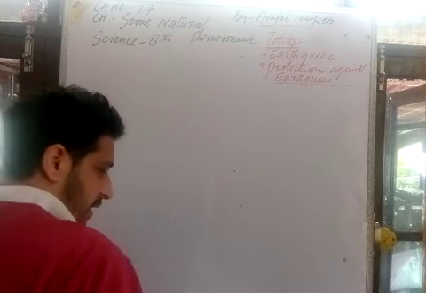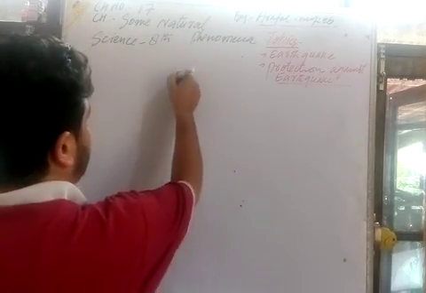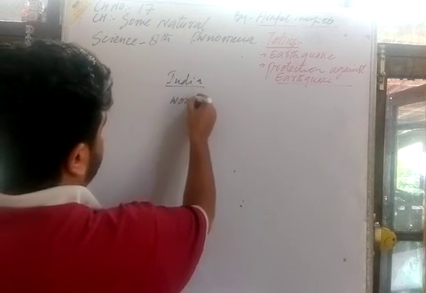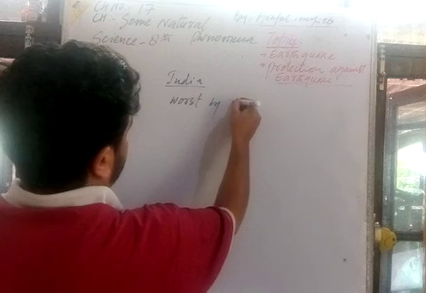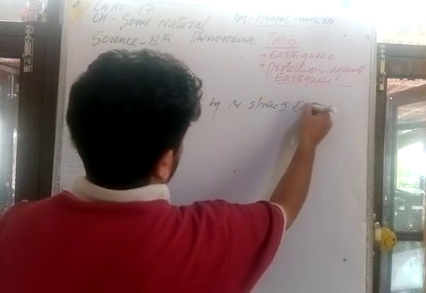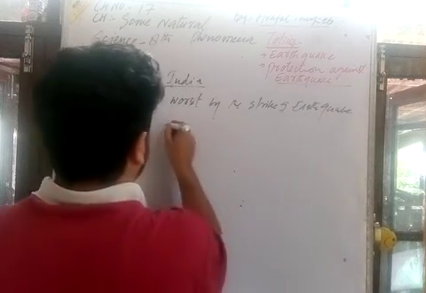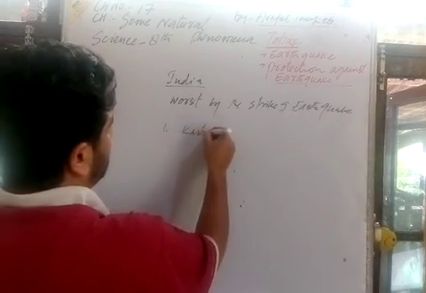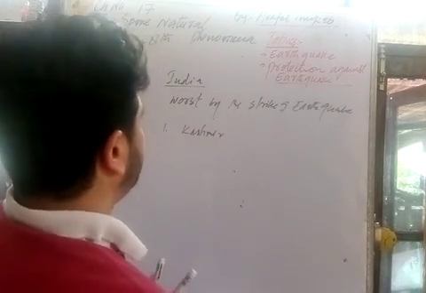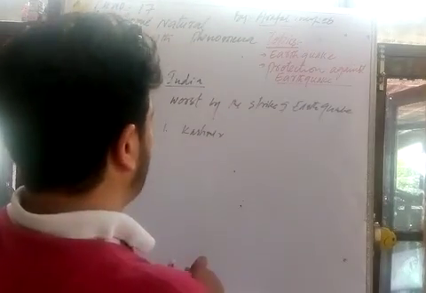Now, how can we protect ourselves? If we talk about the parts of India that are worst hit by the strike of earthquakes, first I talk about Kashmir. It is very badly hit by earthquakes.